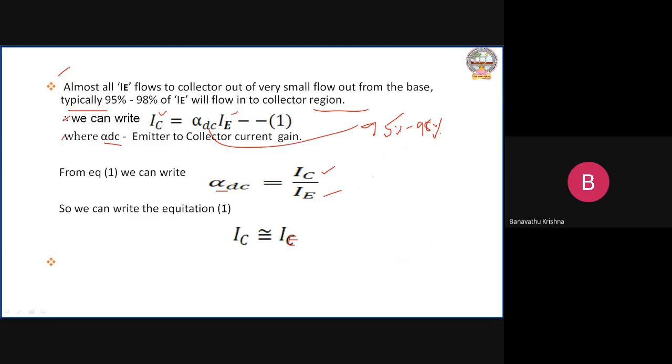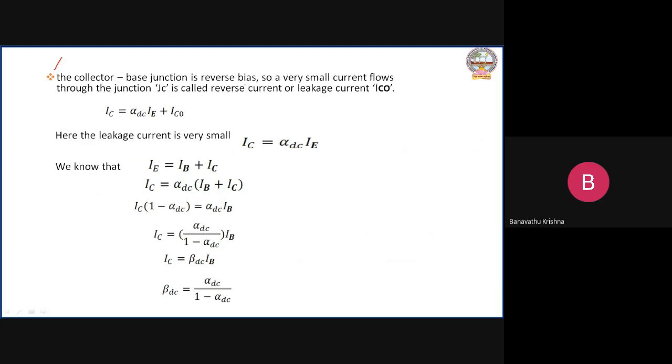So then 0.95 to 0.98 is the alpha value. This is nearly equal to 1, which means the collector current is approximately equal to the emitter current. Next, the collector base junction is reverse biased, so a very small current flows.